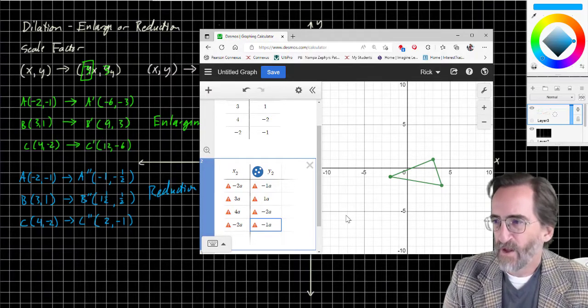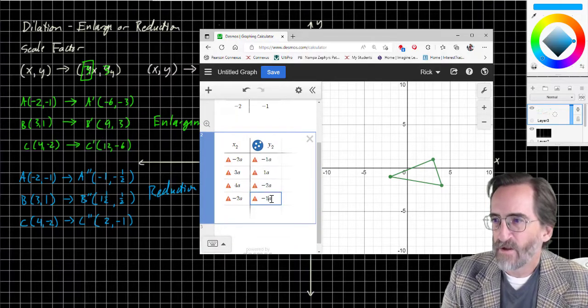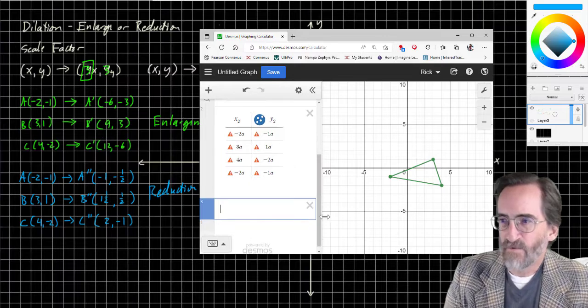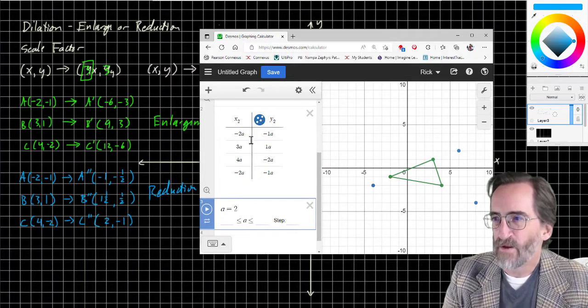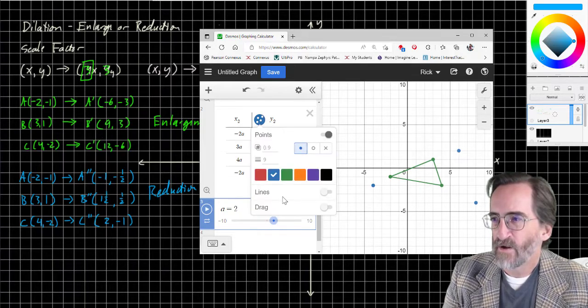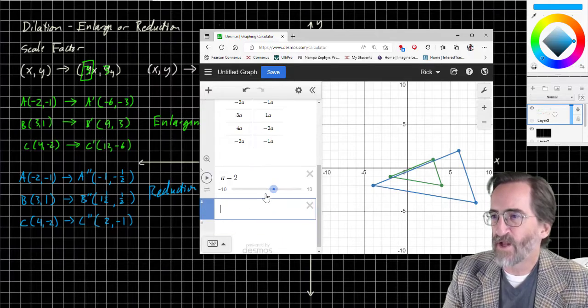Okay, and we're going to enter a slider for a. So I'm going to say a equals 2. Okay, and there it is. Let's tell it to draw lines.